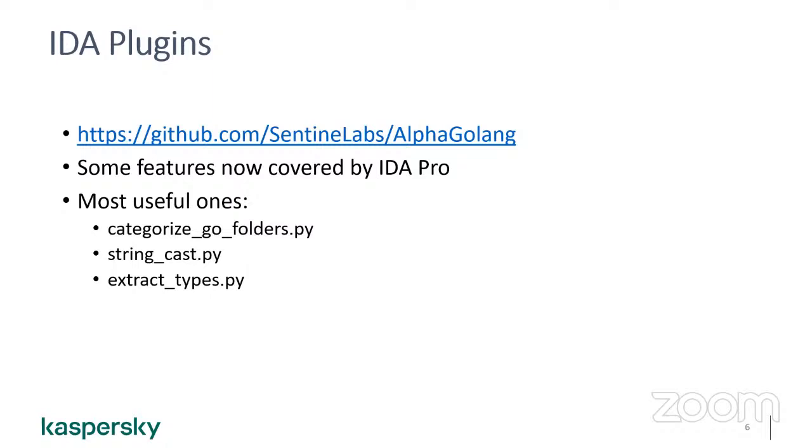The general idea is that some of the features that used to be passed like this as IDA plugins have now been integrated directly into IDA. So this repository is less crucial than it used to be, but it still contains pretty useful stuff from time to time. So I will walk you through the various scripts that are contained in this repository later.